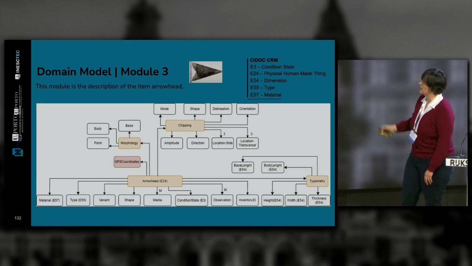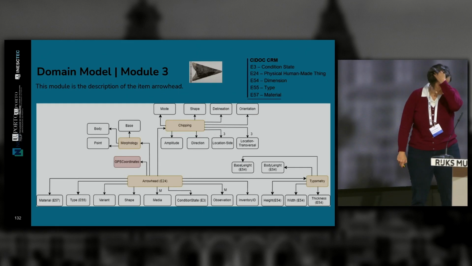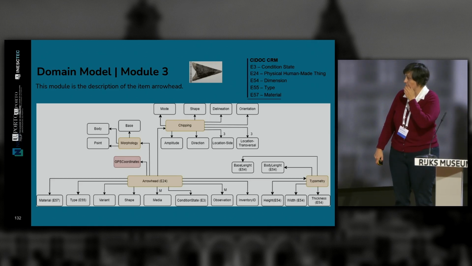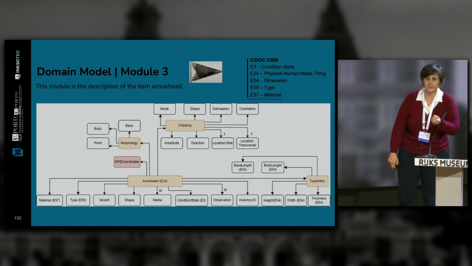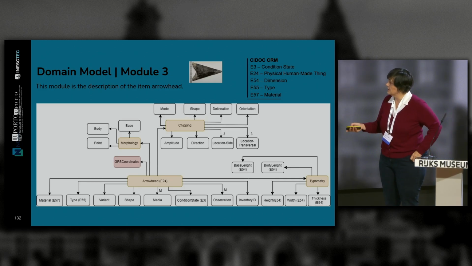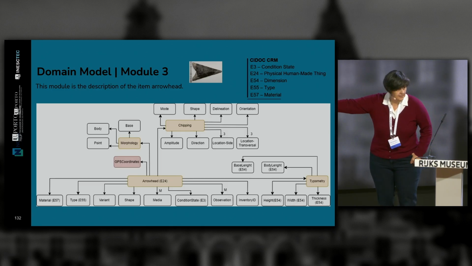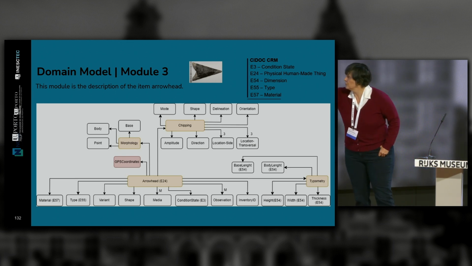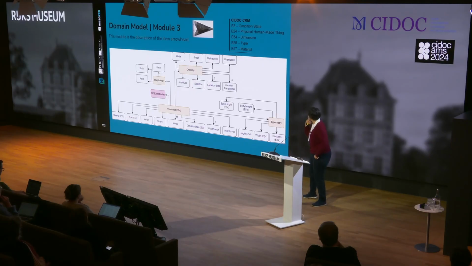And then here is the model for the arrowhead. So in the beginning, I thought there was not too much to say about it, but there's a lot to say about a small arrowhead. As you see, the arrowhead is E24, and then we have here units, so the base and body length.